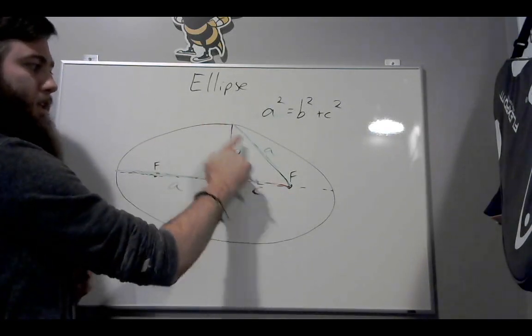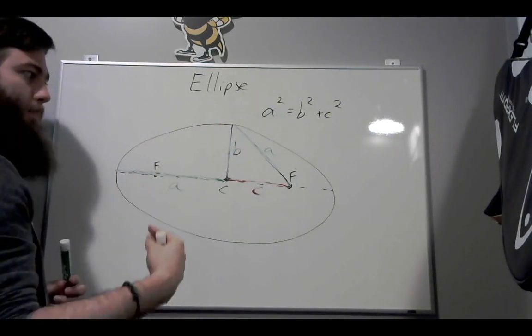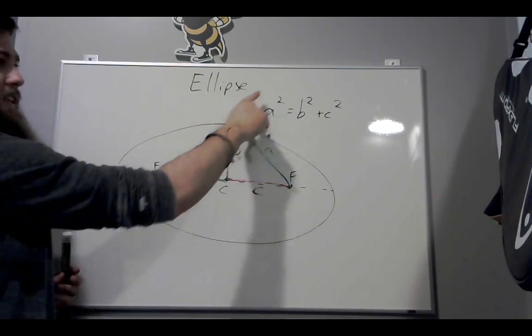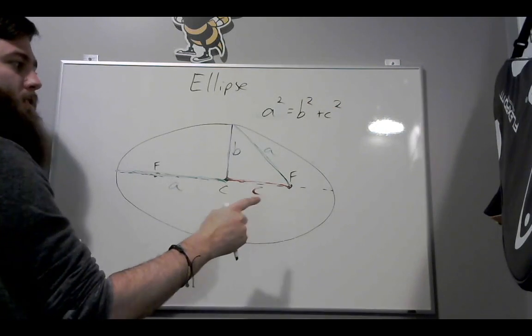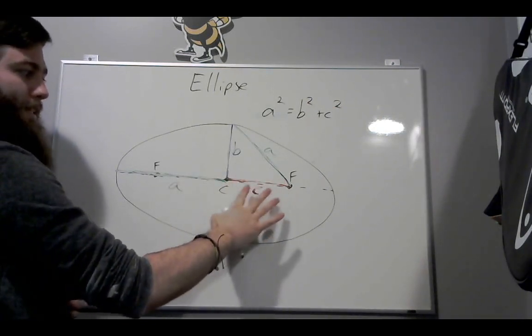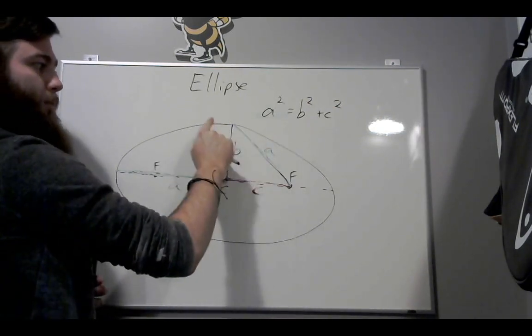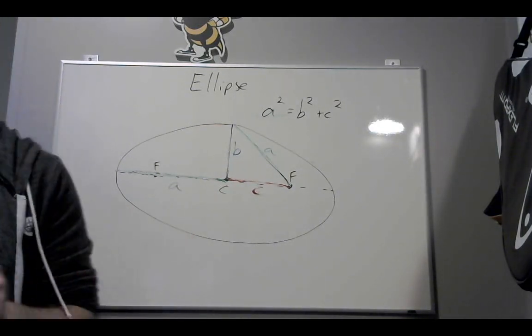But again, a is the longest distance, that's why it's the hypotenuse of this triangle. This is going to be very important when we are trying to come up with equations, because typically we may be given the c value and maybe a b, and then we need to find a, and so forth.